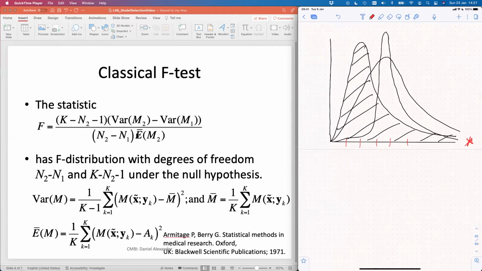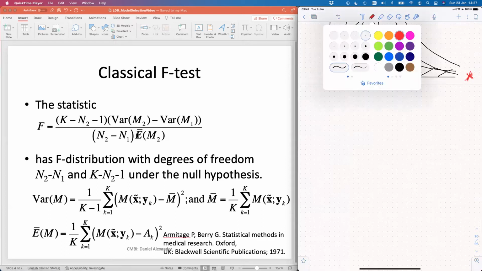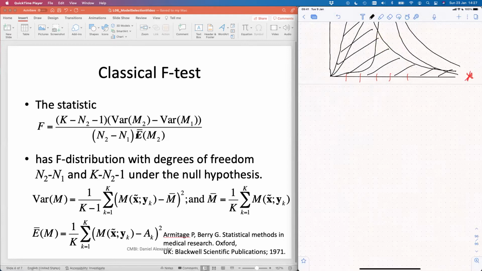I'm going to write out this equation on the slide onto the virtual whiteboard here, because we're going to use it in a minute to implement this test in MATLAB. As I do it, I'll talk through these various quantities. In the F-test, we have to compute this F statistic. K is the number of measurements as we defined it in our MATLAB.